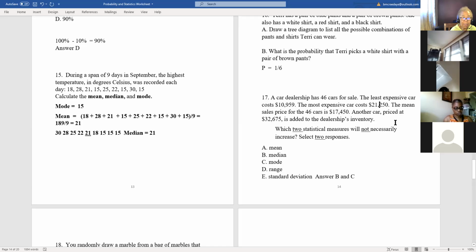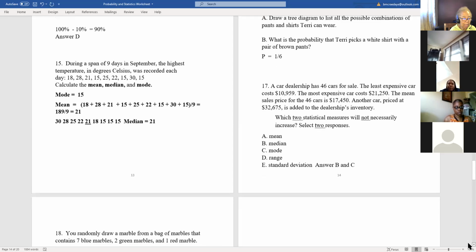So now you put in a higher value, so of course your range, high minus low, is going to change.